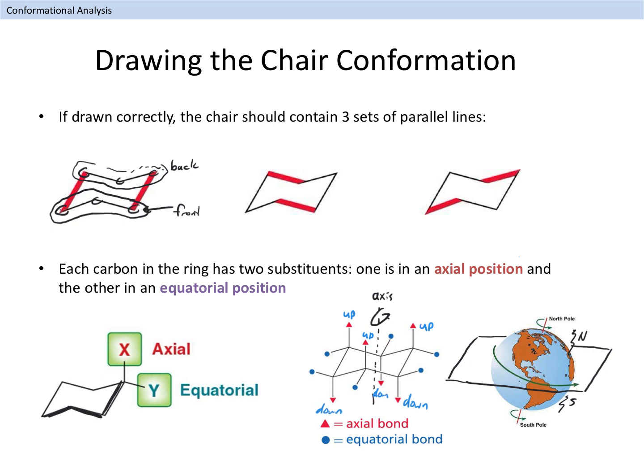Notice that we see the same pattern in the equatorial substituents. There are 3 equatorial substituents that are pointing slightly upward, and 3 that are pointing slightly downward. Also notice that each carbon has 1 substituent pointing up, and 1 pointing down.